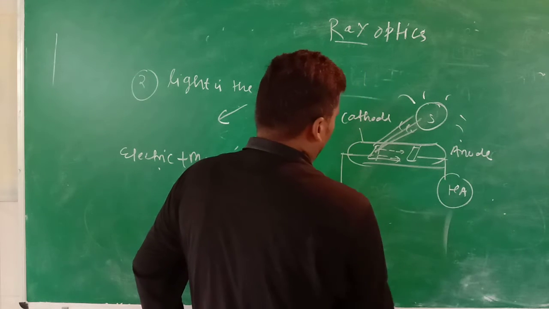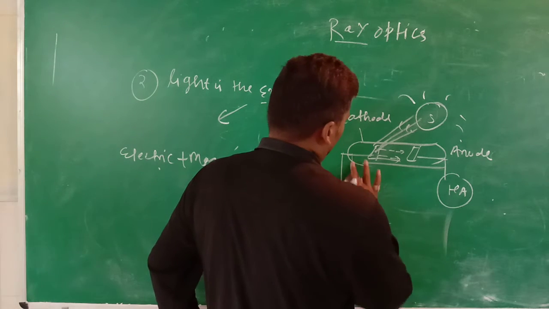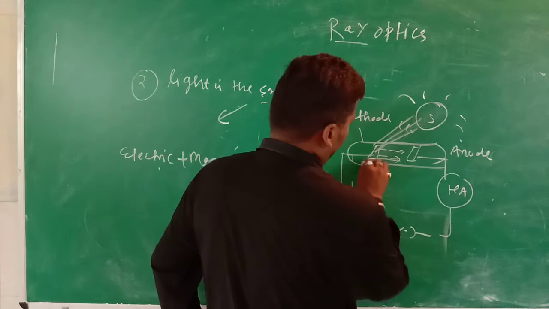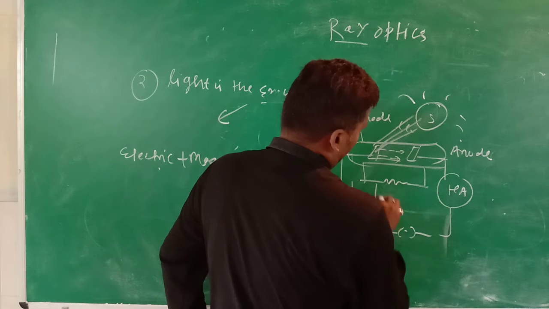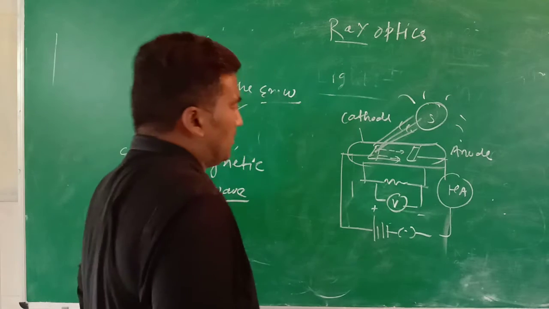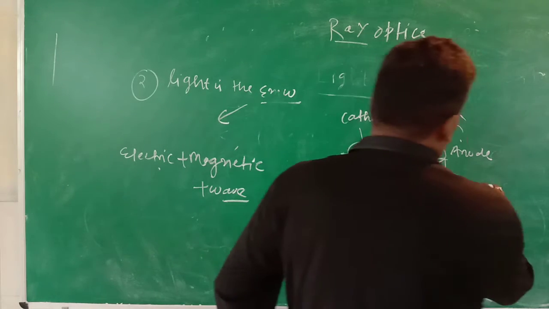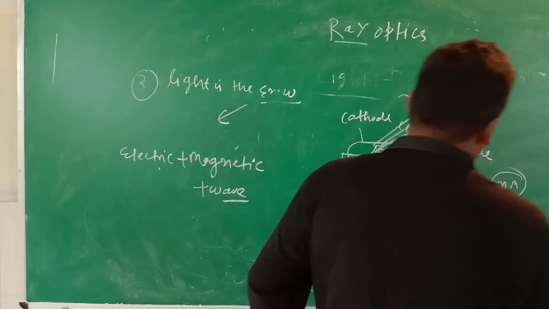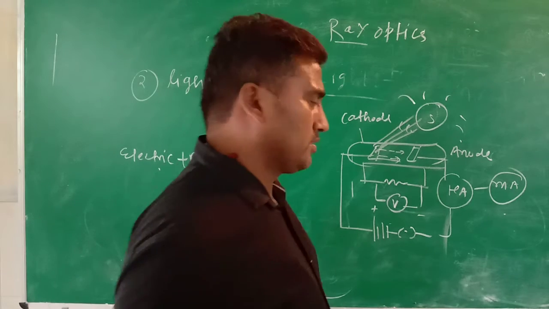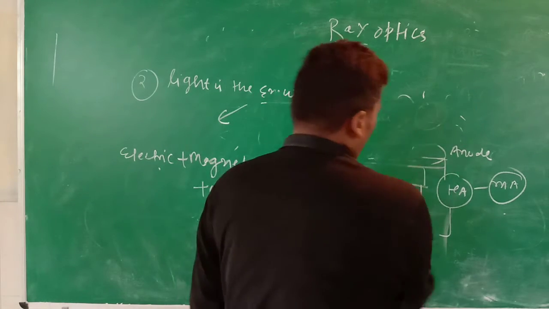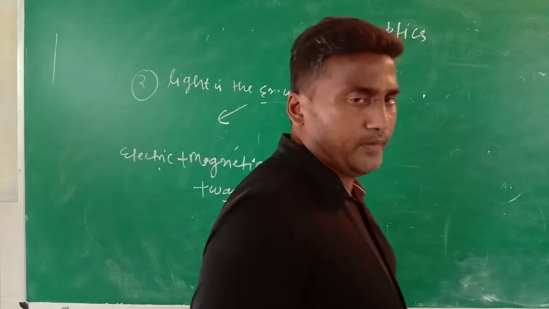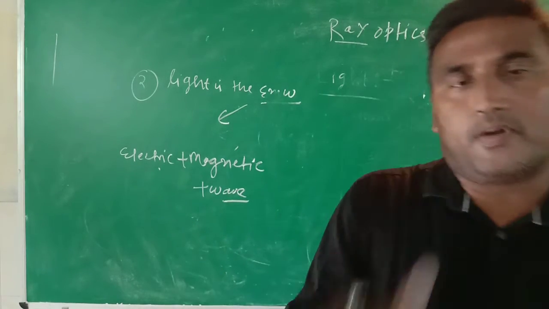The ejected electrons are also consumed by the microammeter or milliammeter, and converted into the form of current. How much current develops in the device, that process is known as photoelectric emission, and it is also known as the property of current flow in a device. Therefore it follows the property of electric.